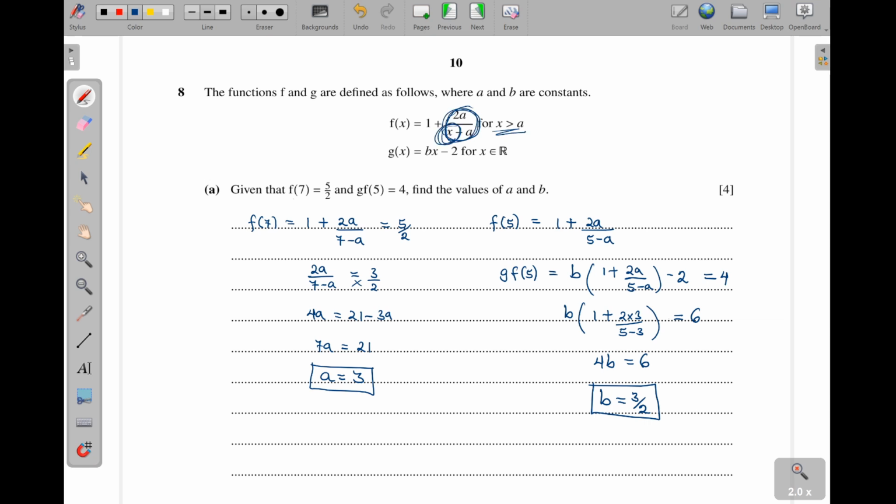Are we there? You are going to have a positive fraction because when you subtract here, this one will be a positive value. So 2a over whatever you are having here, this one is going to be a positive value, which you are adding on this 1. So meaning that when you are getting the values of the f here, they will all be greater than 1 because you are adding something onto the 1. You see that? So from here, the range of f is f of x greater than what? 1.